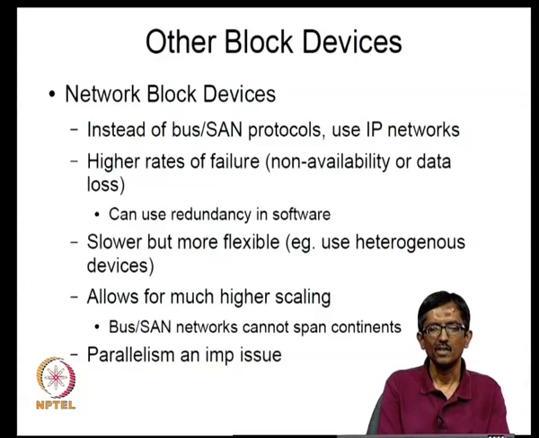So what we have done so far is we looked at a simple character device driver, counting interrupts. We also looked at some aspects of the block device, and I briefly mentioned something about network block devices. We will start looking at network-based storage systems soon. I just wanted to say that this is an important issue, and networks are critical for scaling.